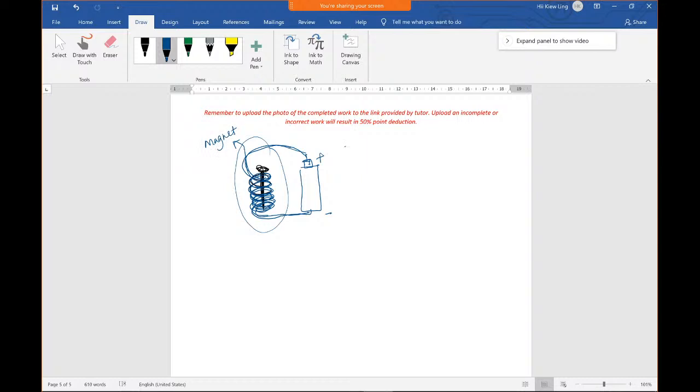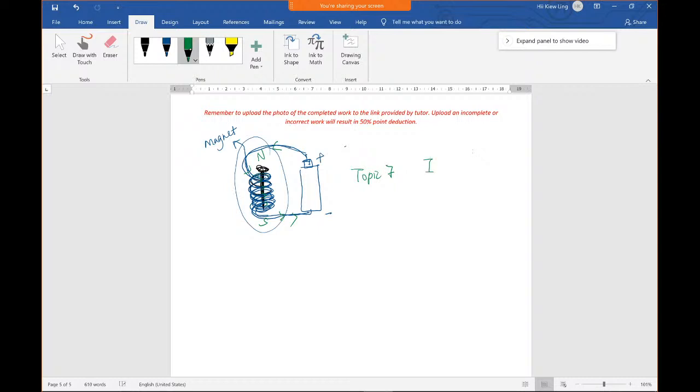Then when we have current flowing through the coil, the whole thing will be turned into a magnet, whereby here becomes your north pole and here becomes your south pole. So that was your topic 7 last week.